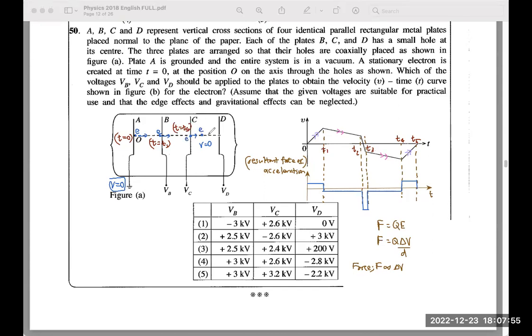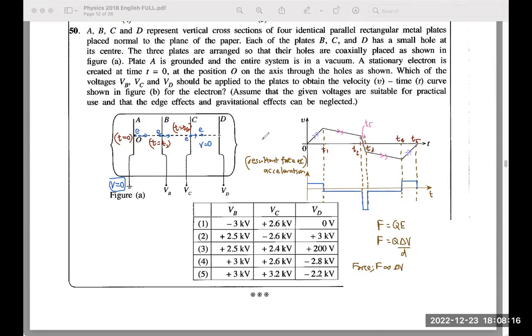And when is this happening? This is happening when time is between t2 and t3, and that is a special time. Somewhere here, we can take this time as t5, maybe.